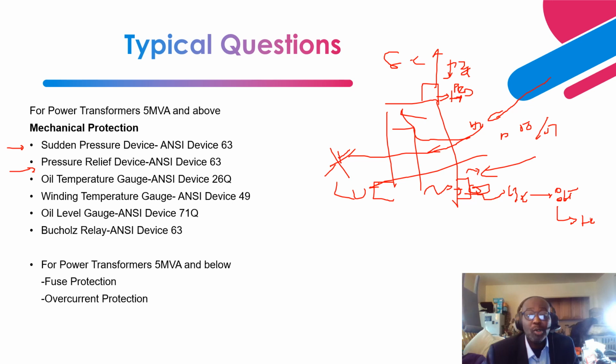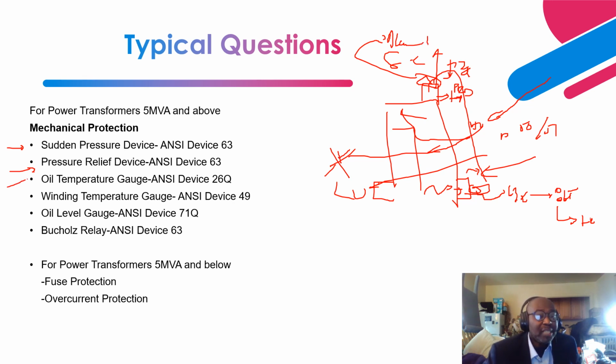That pressure has to be expunged. So that is when this protection element detects the built-up pressure, opens up, and expunges the oil to the outside world. Usually, this relief device is used for alarm purposes.